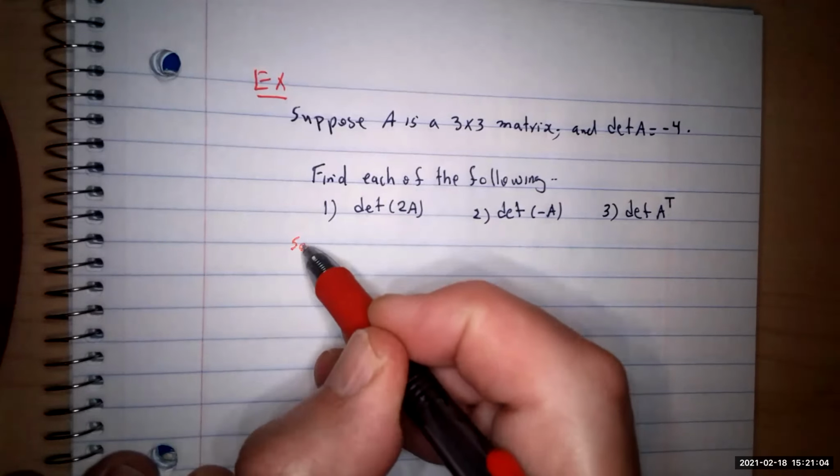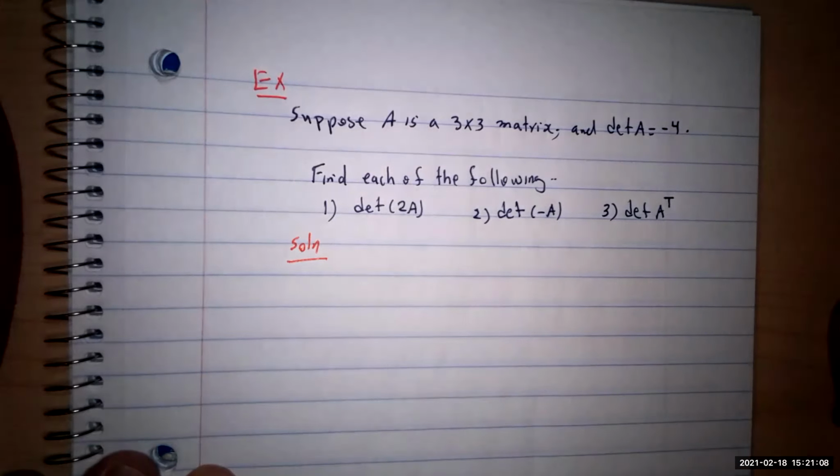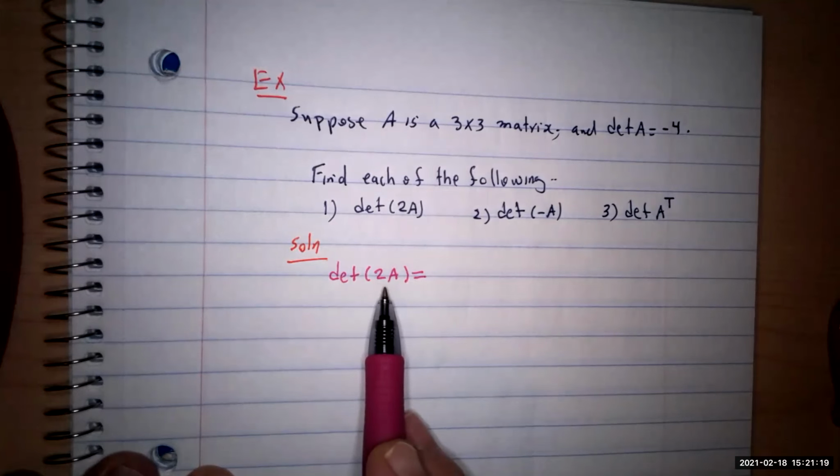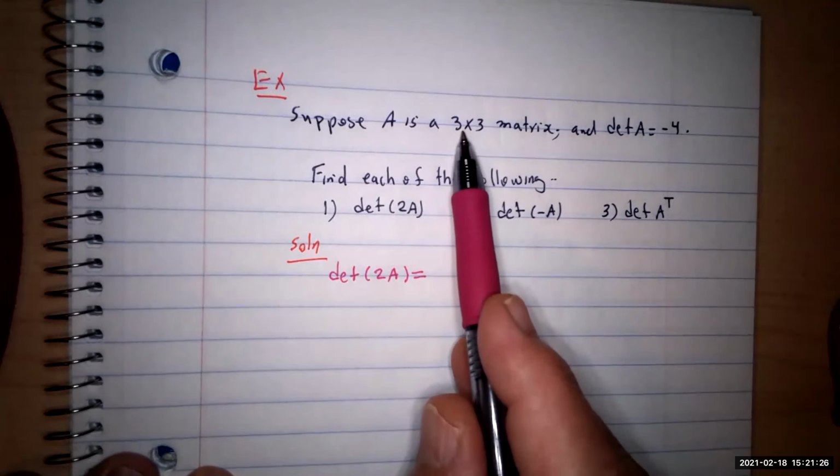Solution. The first one is 2 times A. When you multiply by 2, this means you multiply all the rows by 2, so you check how many rows you have. You have 3 rows.